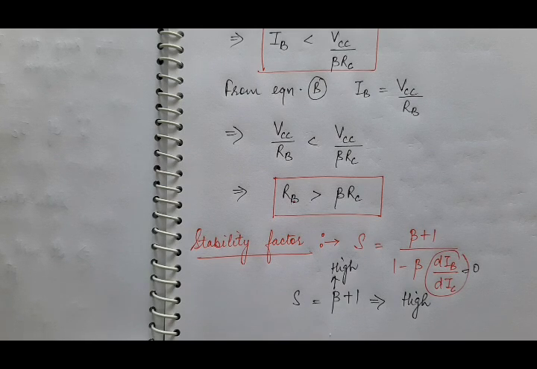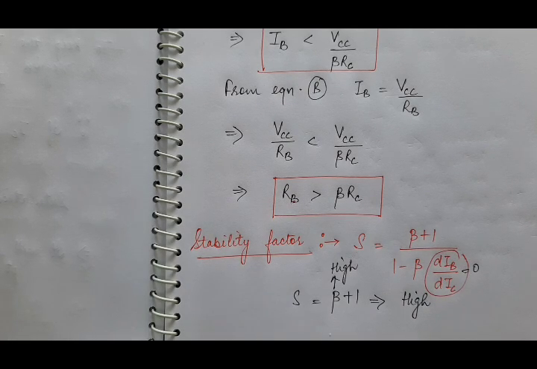The advantage of this fixed biasing is that here we haven't used any resistor connected to the emitter terminal. So the circuit is quite simple, and the value of RB can be chosen in a quite easy way. So the value of RB is also adjusted easily. And the biasing condition that RB must be greater than beta RC can also be achieved quite easily, to keep the transistor in the active region and away from the saturation region.